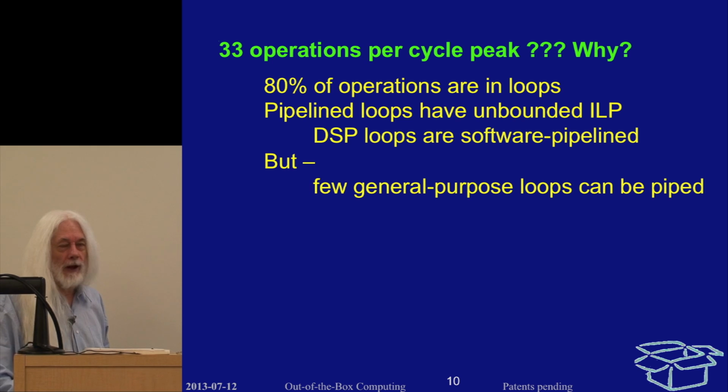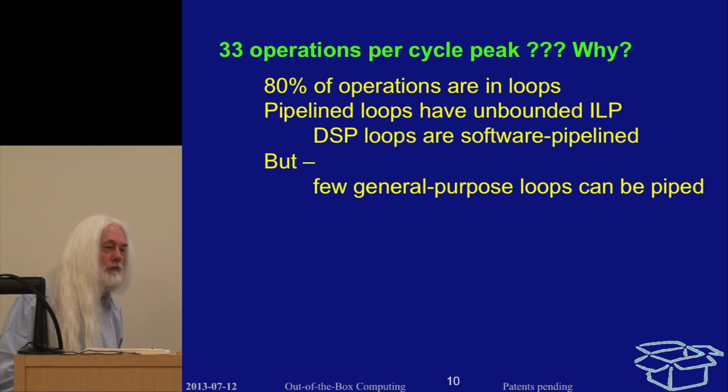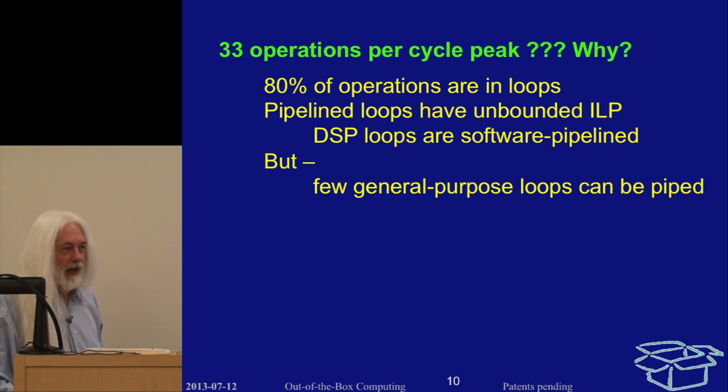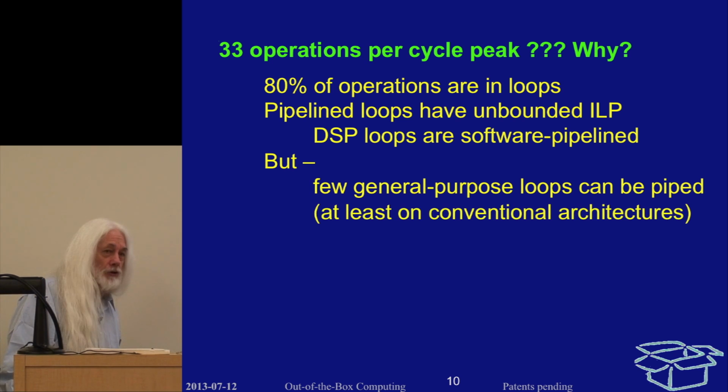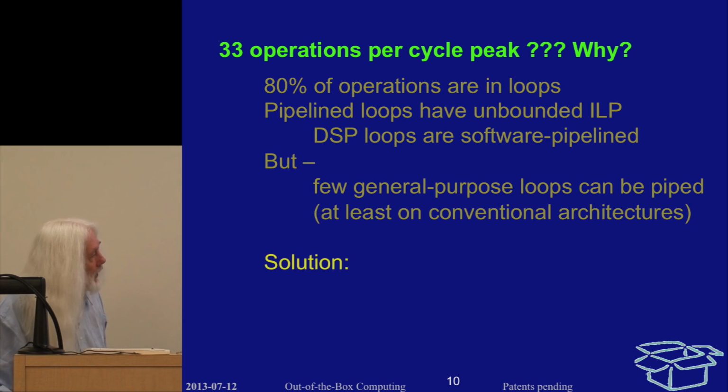If you're doing linear algebra, you can software pipeline fairly well. And in fact, the codes will do that, and things like those VLIWs do quite well in linear algebra. But the kind of thing like this PowerPoint in the program here, which is your typical general purpose code, does not pipeline very well, at least on conventional architectures.